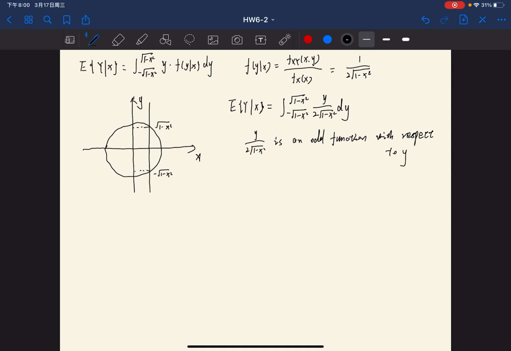And because the integral is from negative square root of 1 minus x to the power of 2 to square root of 1 minus x to the power of 2, it's obvious that the conditional expectation when x is fixed equals 0. And also because for every x this part equals 0, so we know the expectation of Y is also equal to 0.